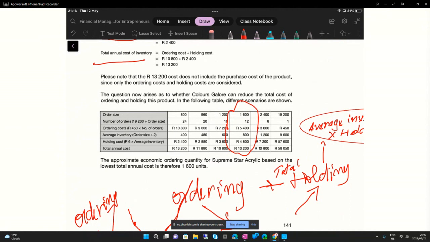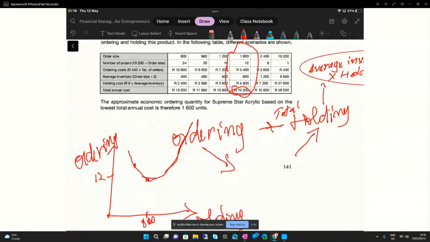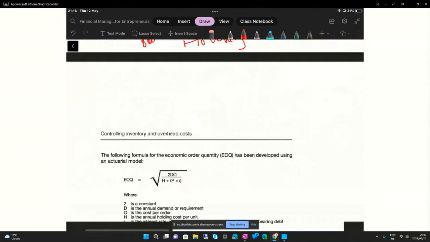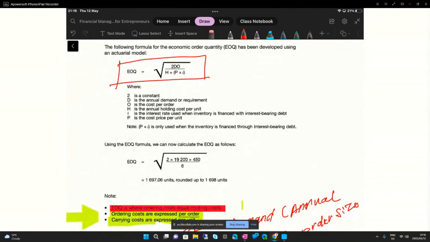This table shows you where exactly we have the minimum total annual cost. And this is the formula in question that helps us find that cost. 2 is a constant.